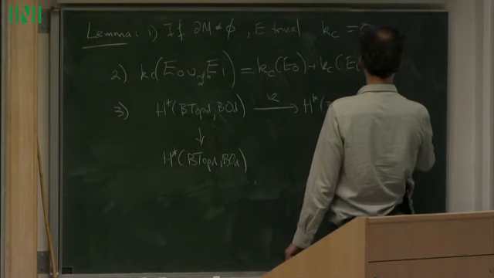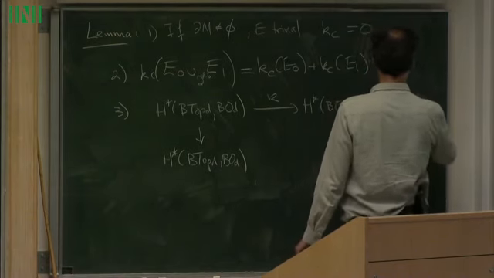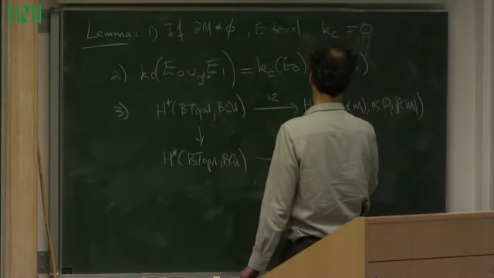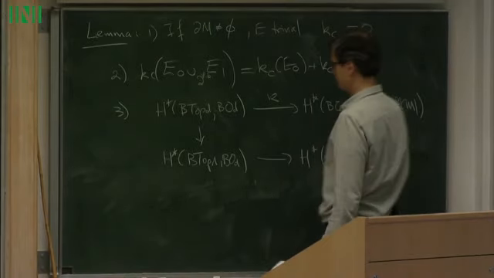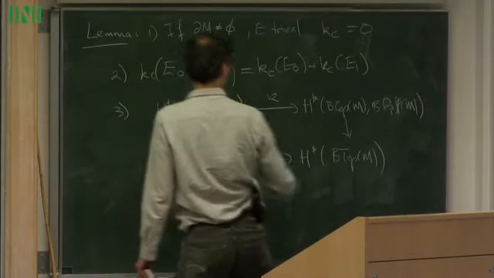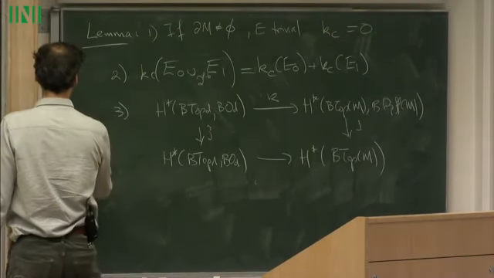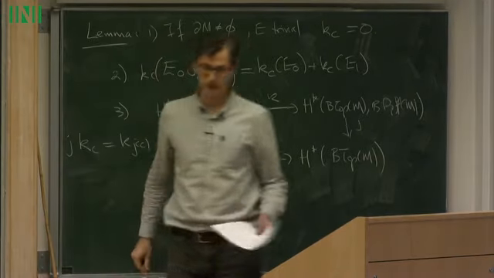So this square commutes. So if we call both these maps J, what we're saying is that if I take J of kappa C, that's kappa of JC. Okay.